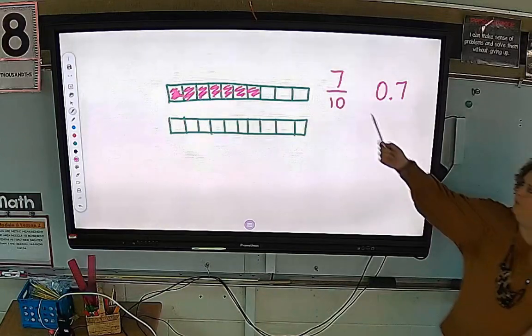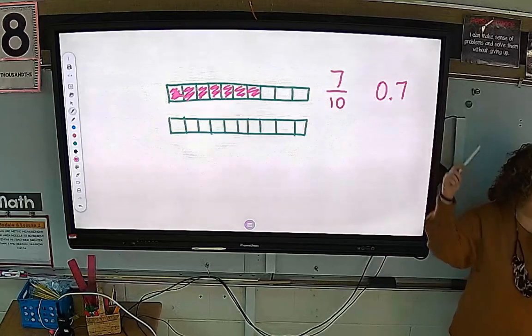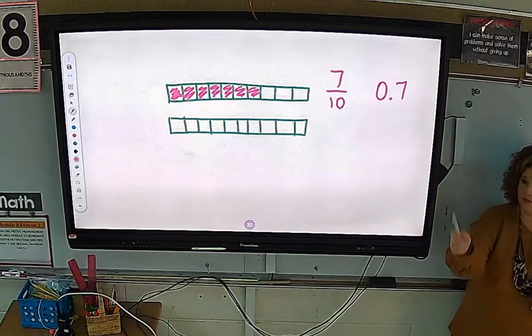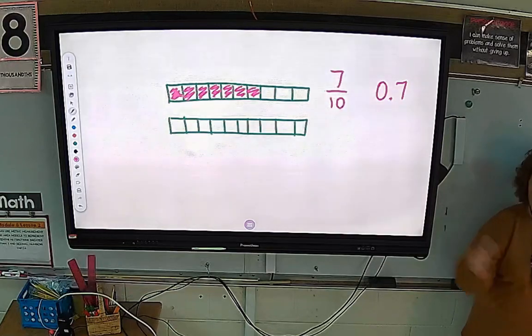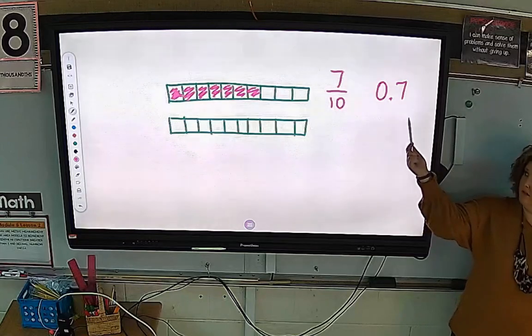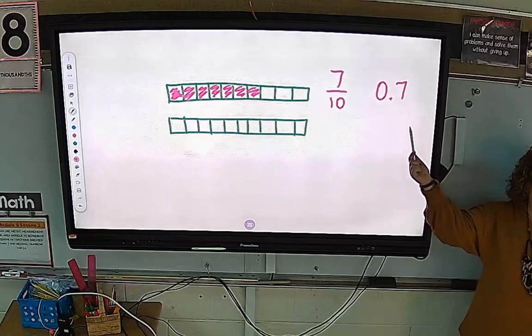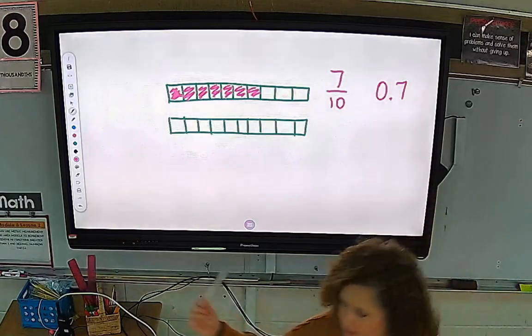Also, we know we say this as 7/10, but this guy right here can be said two different ways. You can say it 0.7, and that's really kind of what we're more used to right now. But you can also say that as 7/10. Look at where the 7 is. Look at what place it's in.